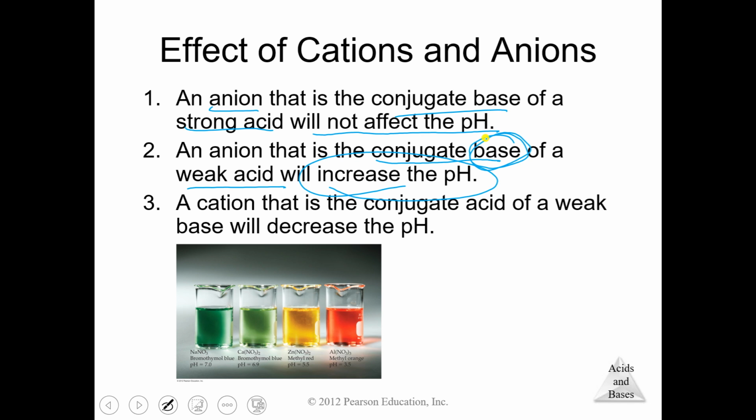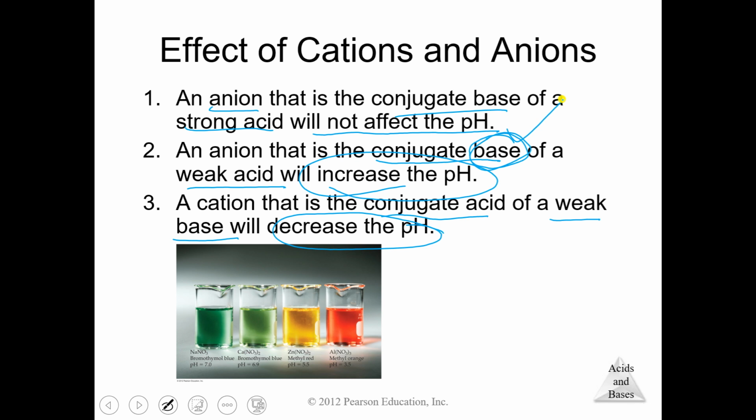A cation that is the conjugate acid of a weak base will decrease the pH. And when we say increase and decrease, we're talking about numerically. So if I have a weak base, its conjugate acid is very strong. That conjugate acid will spit off hydrogens, putting more into solution. Weak acids, strong base.